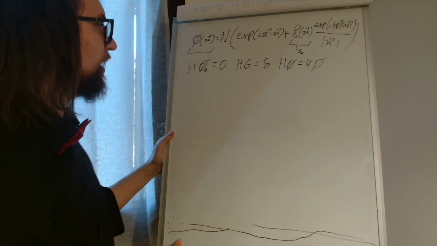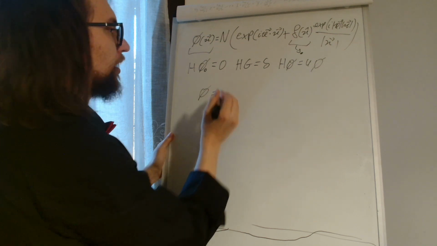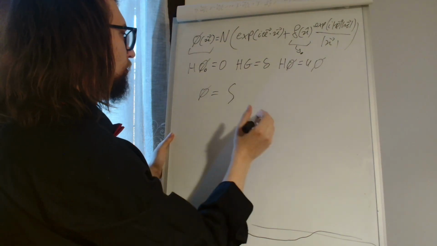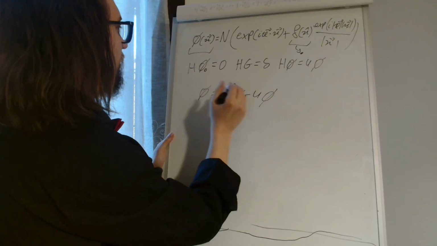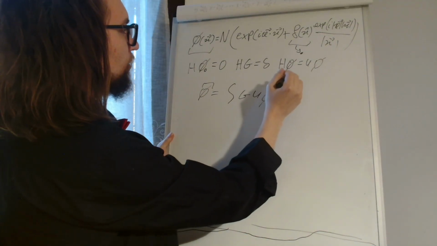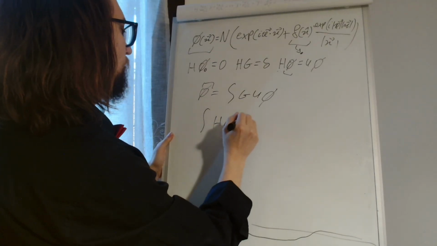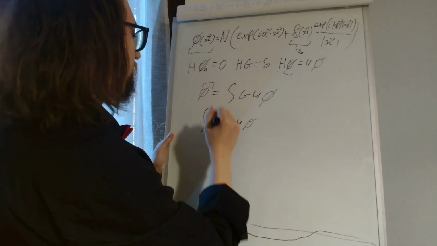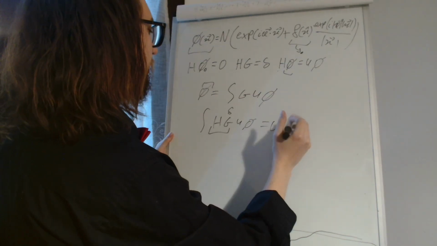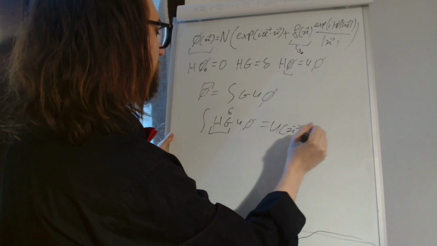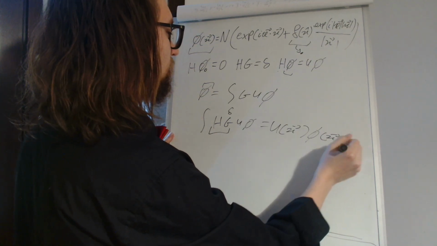In fact, we can guess that if we have a function phi of the form integral of G U phi, then if we put this function in the Schrödinger equation, we get the integral of H G U phi, and then H G is the delta function, so this integral here is U of x times phi of x.